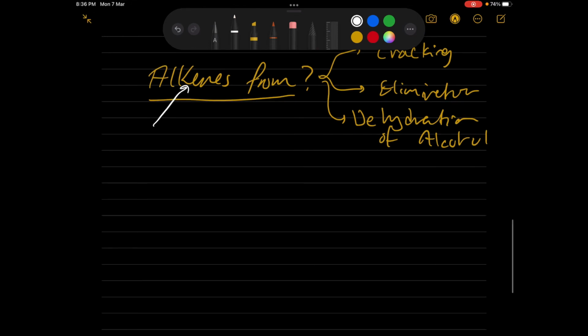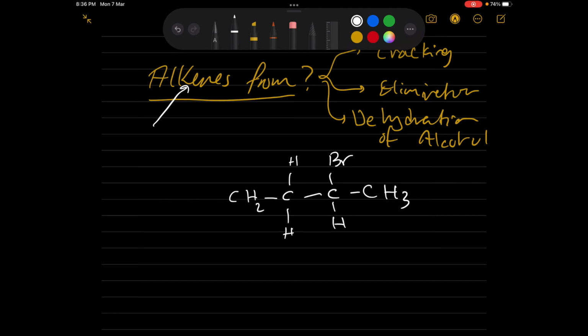So let's take a simple alkene that looks like CH3, and we have CH, we have hydrogen here, and we have a bromine, and we have CH2, CH2, and CH3, and CH3.